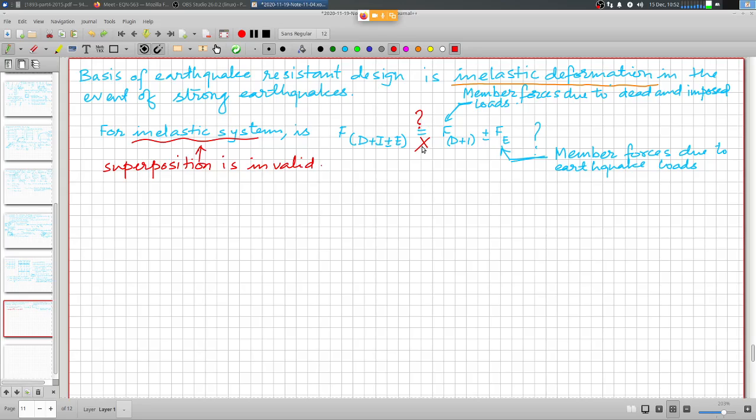But you still do this, isn't it? All your software that you have been using, they do it like this: analysis for gravity load, imposed load, and then you just combine them using appropriate load factors and combine them with the analysis of earthquake loads, isn't it?